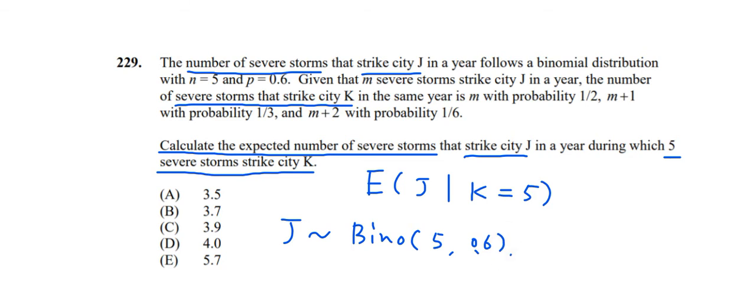So we know the distribution for J. For K, we only know the conditional distribution.